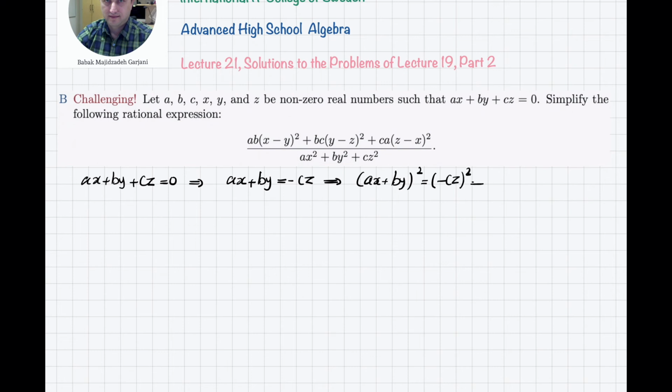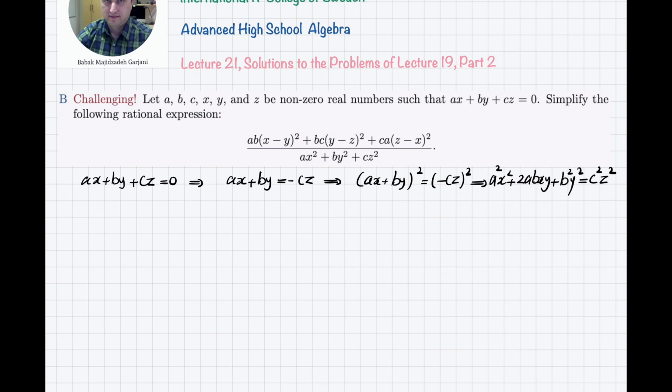And then I expand the left-hand side, so it gave me a squared x squared plus 2 times the first one times the second one, plus the second one to power 2, and it gives me on the right-hand side positive c squared z squared.